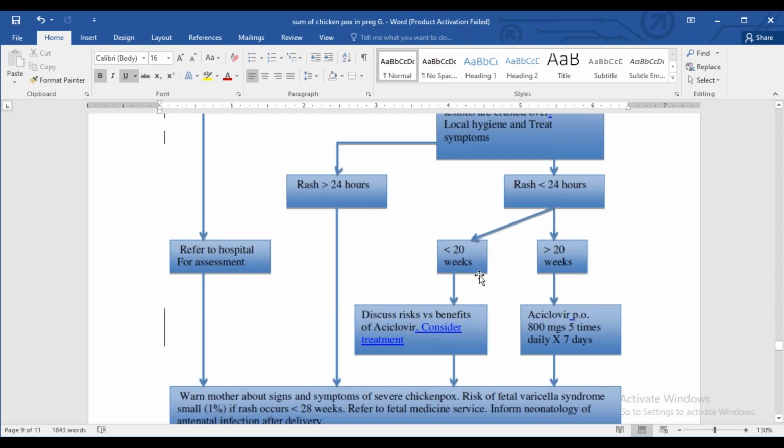Are you going to give her acyclovir? Here you have to discuss with the patient the benefits and risks of acyclovir, but you have to consider the treatment. It's in your plan. You discuss with the patient, and if she agrees about the benefits and the risks, you can give it to the patient.